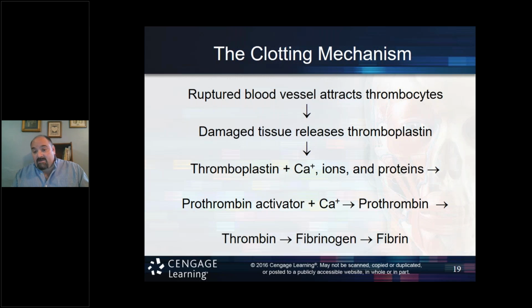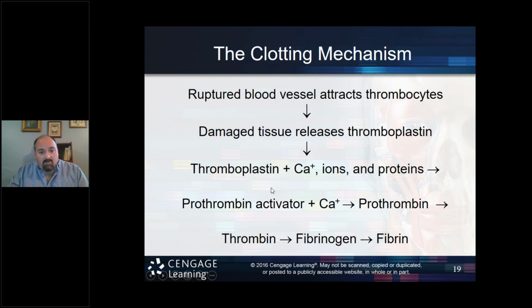The birthing of a baby, as well as the clotting mechanism, both healthy positive feedback, because the ruptured blood vessel will attract platelets, thrombocytes, right? And it'll keep on attracting more and more platelets to the area until the damage is closed up, right?